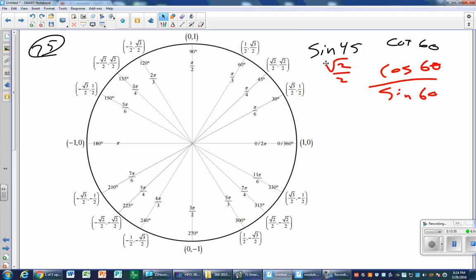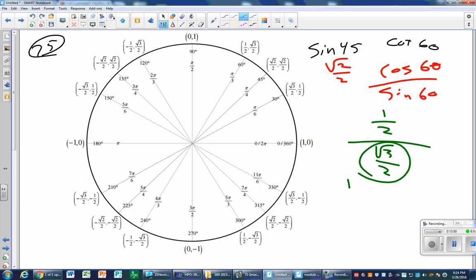Okay, now, what's the cosine of 60 degrees? It's 1/2. What's the sine of 60 degrees? Square root of 3 over 2. And the thing that I love about these is that we're going to multiply by the reciprocal. 1/2 times 2 over square root of 3. And those 2's will always cancel out.